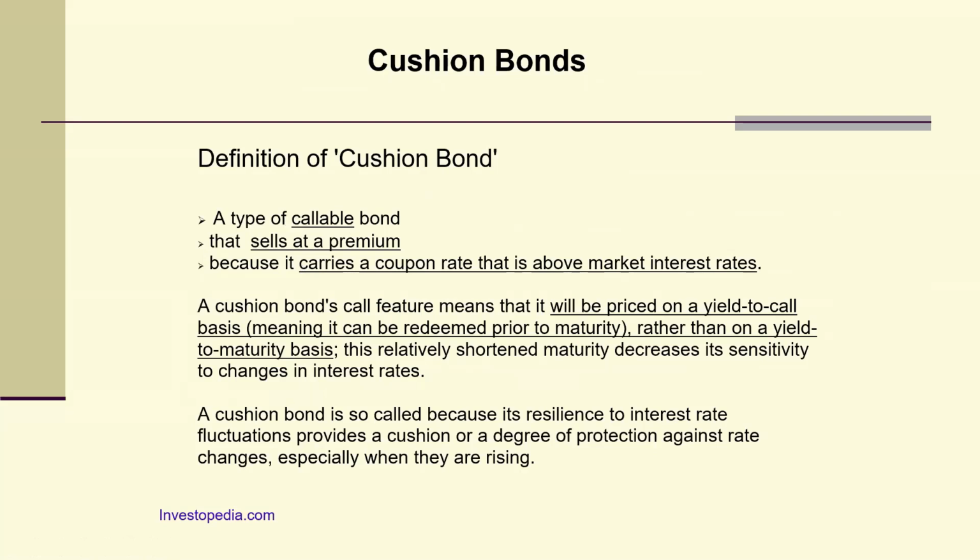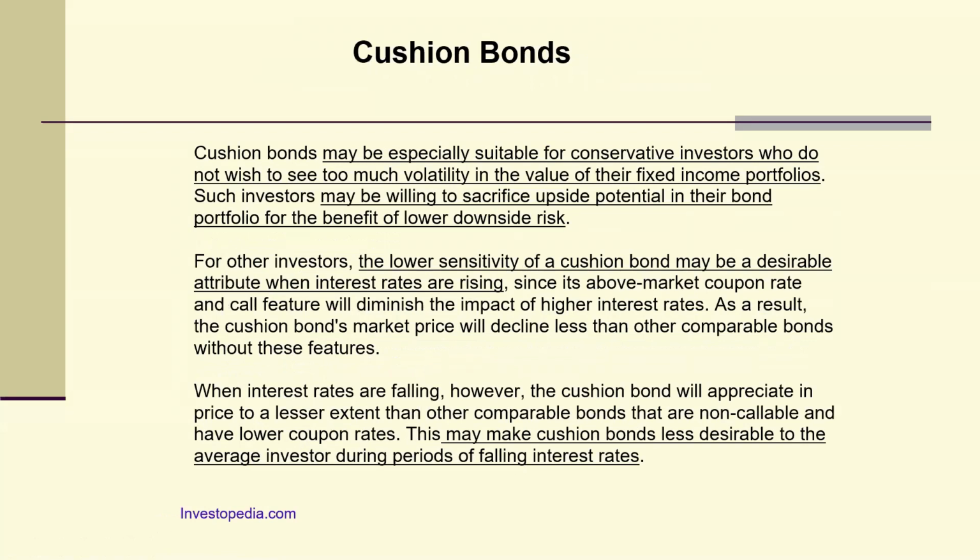As a result, professional managers know how to manage that risk, whereas you and I are just not that sophisticated. But cushion bonds can be especially suitable for you in a rising interest rate environment, and you don't want to see volatility inside of your fixed income portfolio. So if that's you, then you should look at a professional bond manager who can help you buy a cushion bond portfolio.